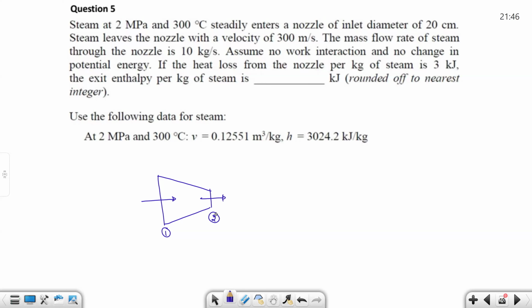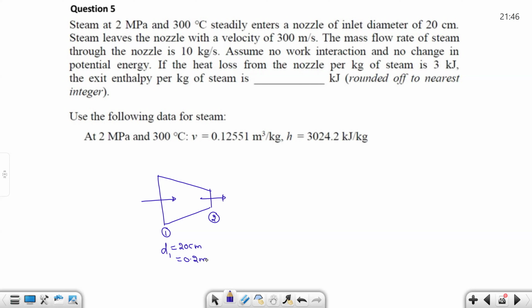This is section 2. The inlet diameter is 20 centimeter, 0.2 meter, because 100 centimeter is 1 meter.